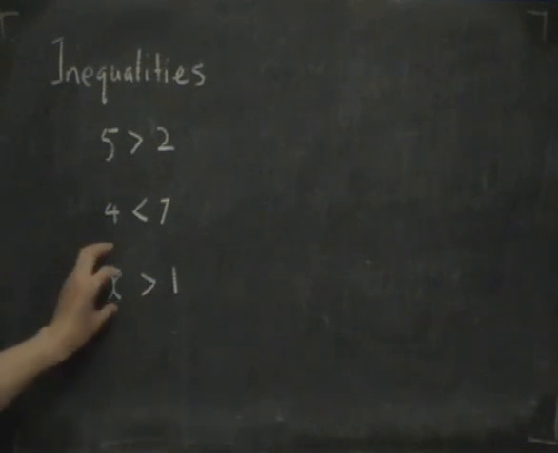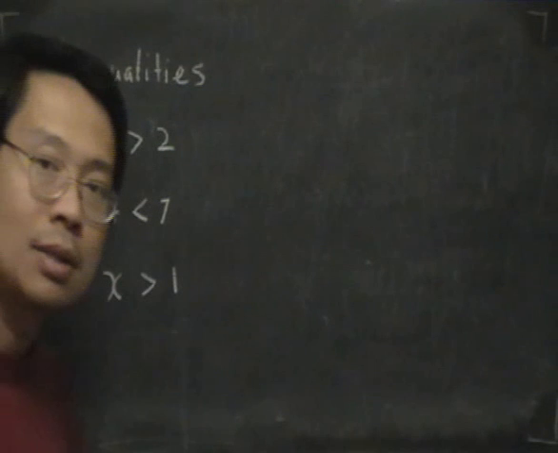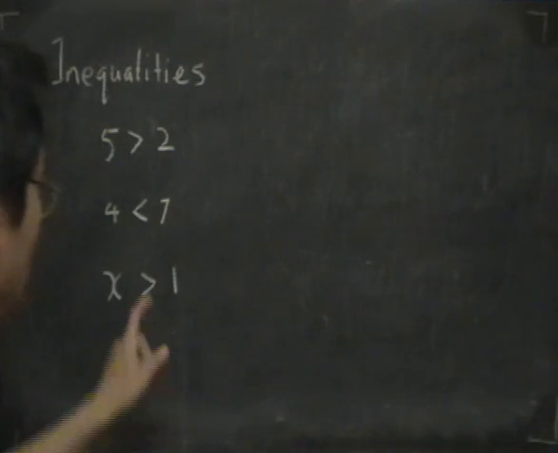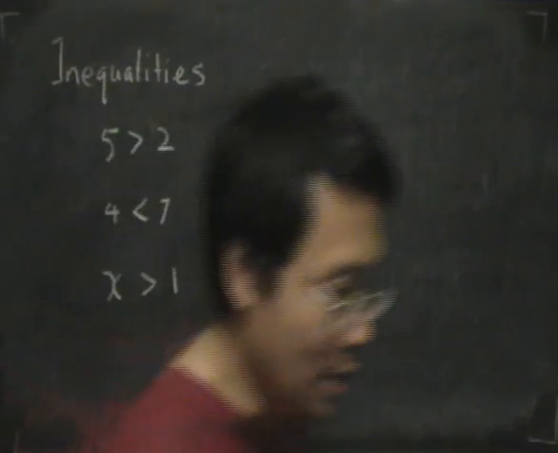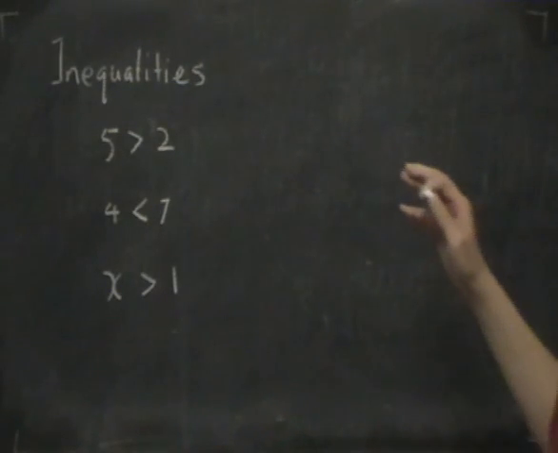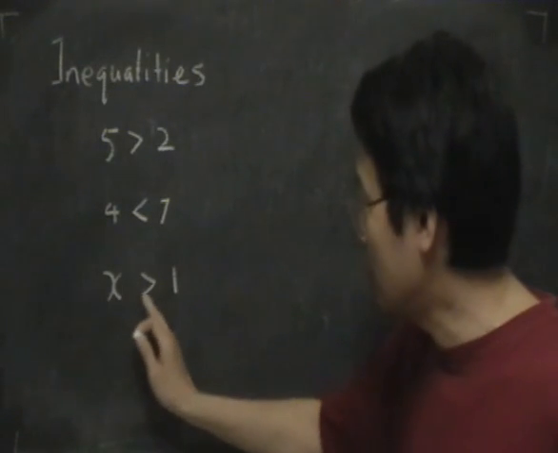So what this inequality means, really, is that x is a number that is greater than 1. In other words, what I've just done is I have looked at this equation, I've looked at the meaning of each symbol.